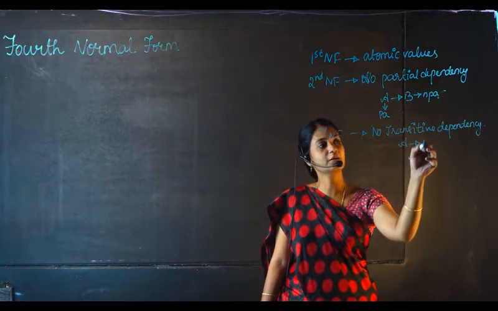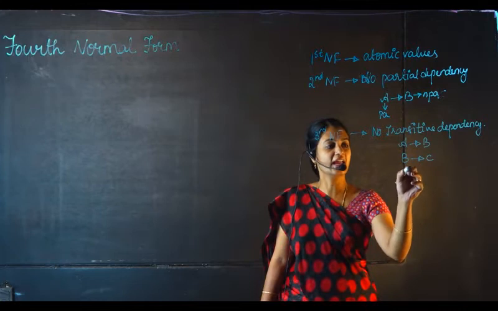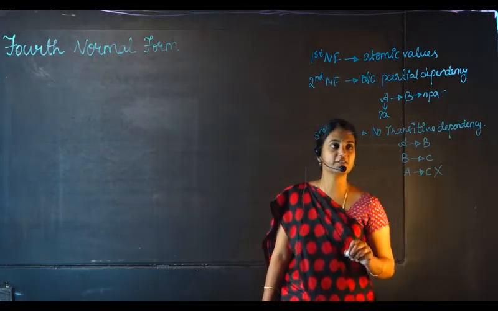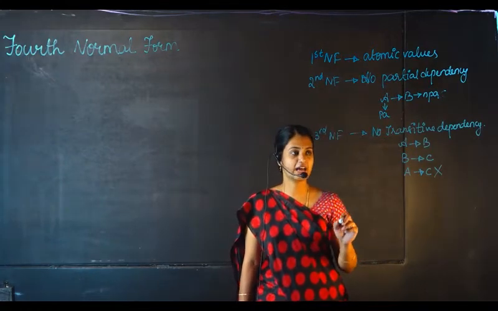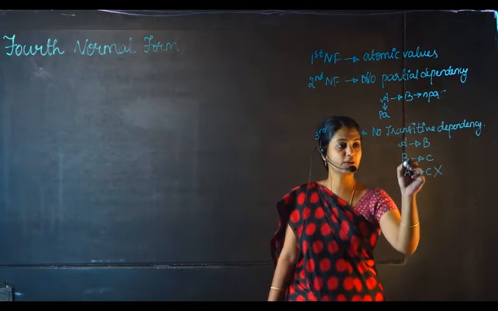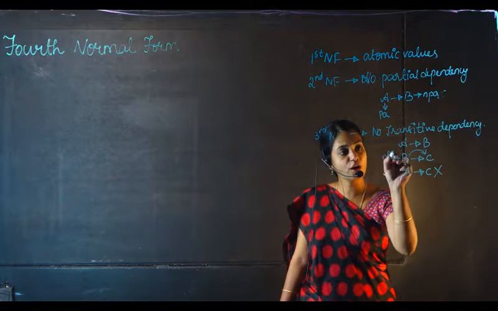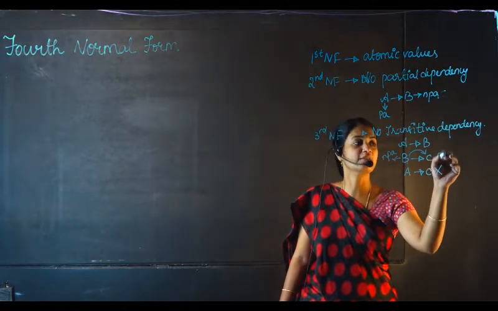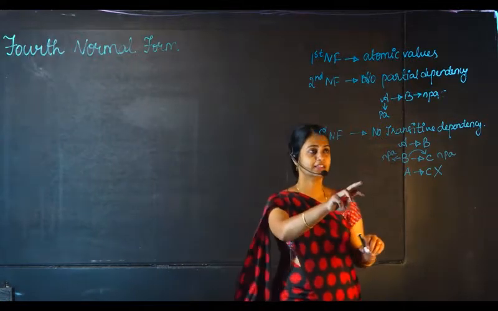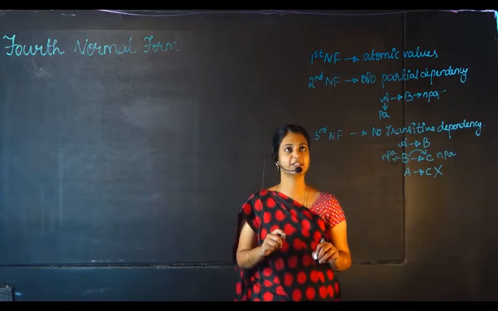If A determines B and B determines C, so A determines C, which is not valid, because B is a non-prime attribute and a non-prime attribute cannot determine one more non-prime attribute. So this transitive property should not be there in the third normal form.